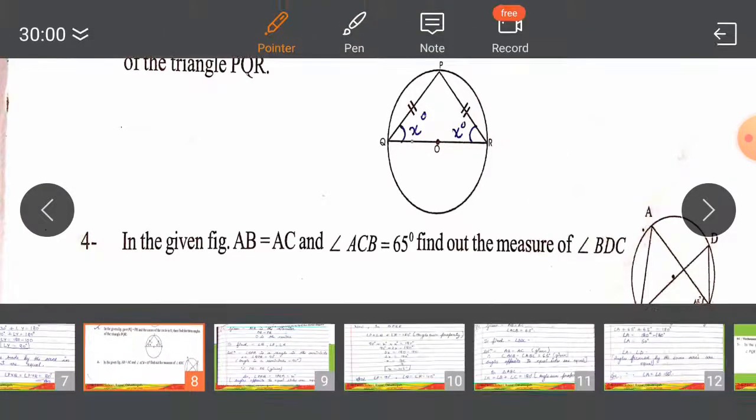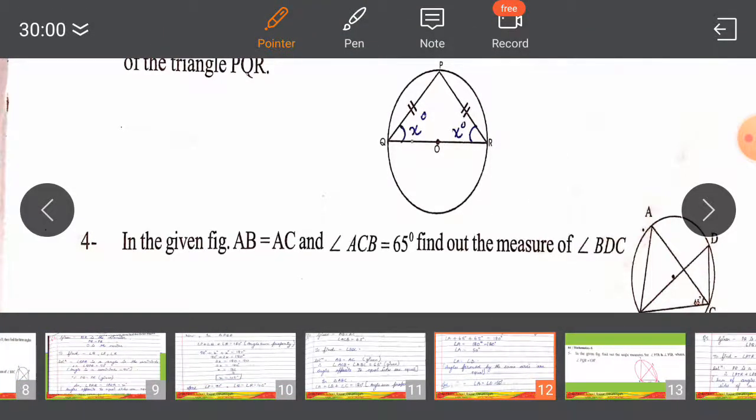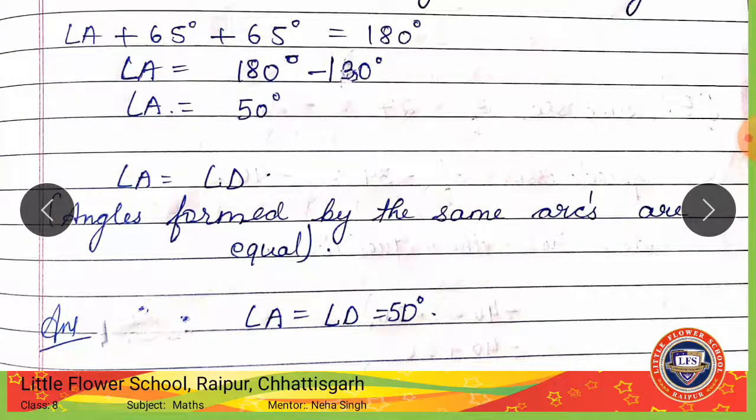Okay, so we'll write: angles on the same arc of the circle are equal. So angle A and angle D will be equal. Angle A is 50 degrees, so angle D also will be 50 degrees, right?